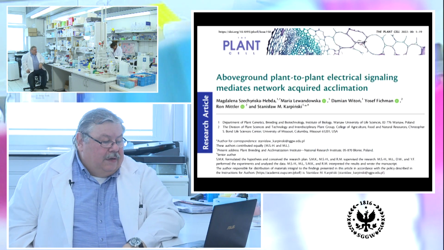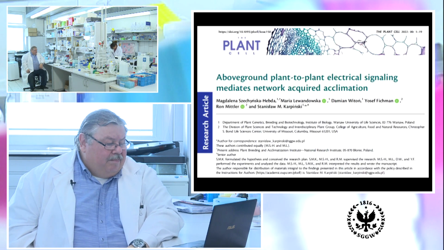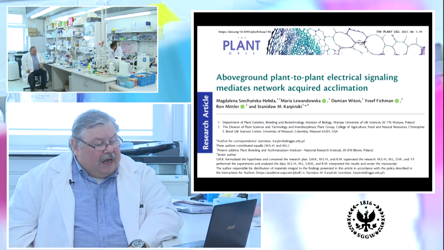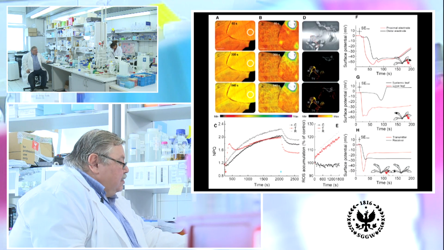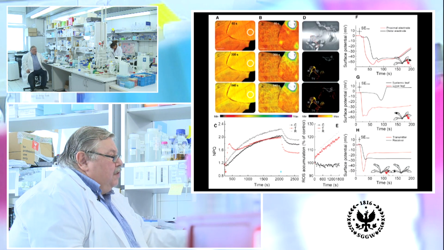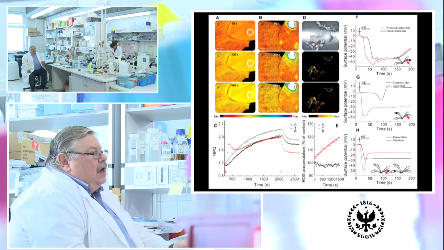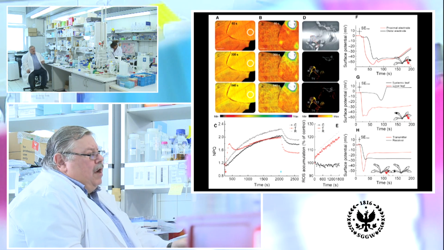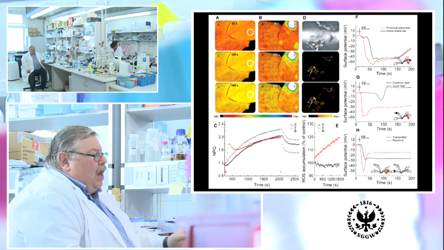And a recent discovery, published in the Plant Cell: above-ground plant-to-plant electrical signaling mediates network-acquired acclimation. We asked ourselves, if electrical signaling is regulating systemic acquired acclimation and systemic acquired resistance inside the plant, can such electrical signaling be transmitted from plant to plant?